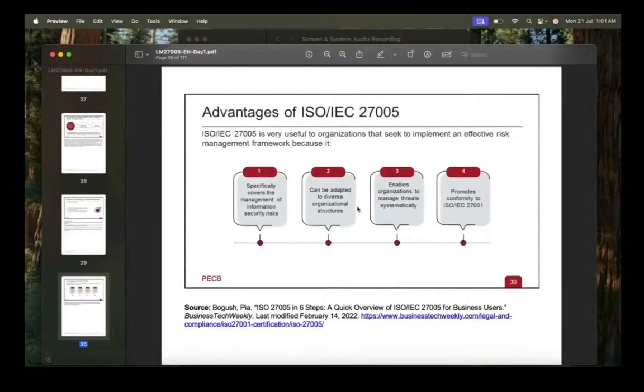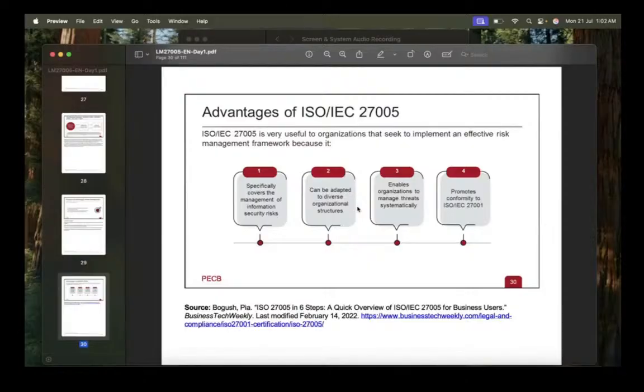Now that we are done with the advantages and purpose of risk management, we can see this one. What is the advantage of 27005? What does it actually do? There are 4 points to note down here.